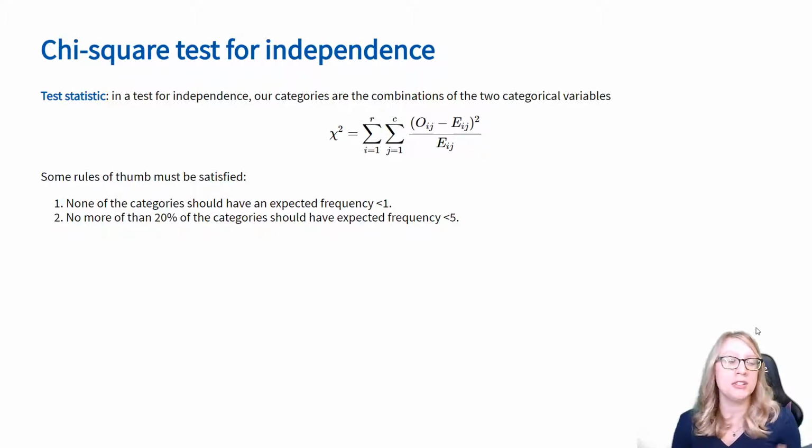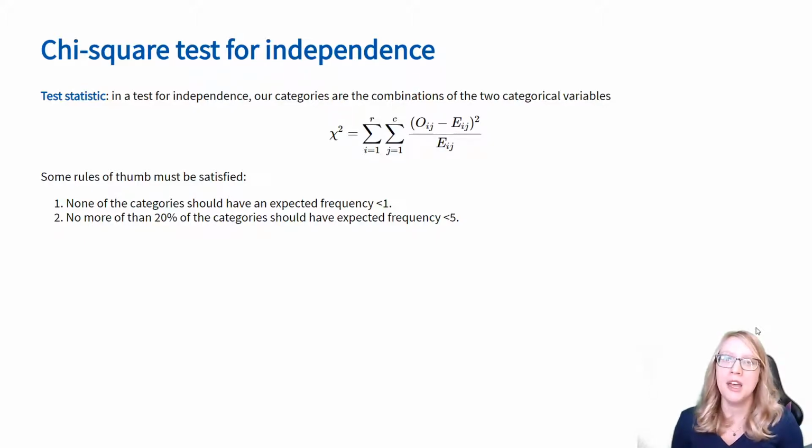We won't get too deep into the details of how to calculate these, but none of these expected values should be less than 1. Another restriction that we often place is that no more than 20% of the categories should have expected frequency less than 5.